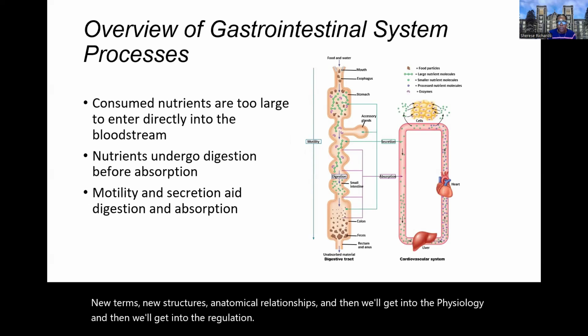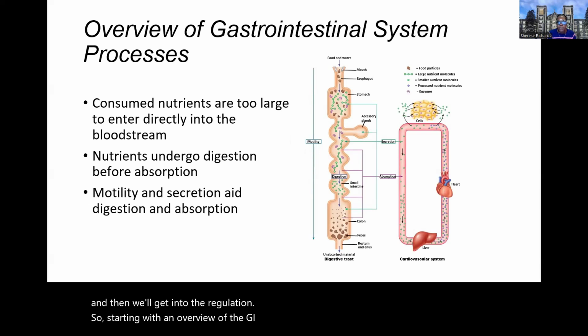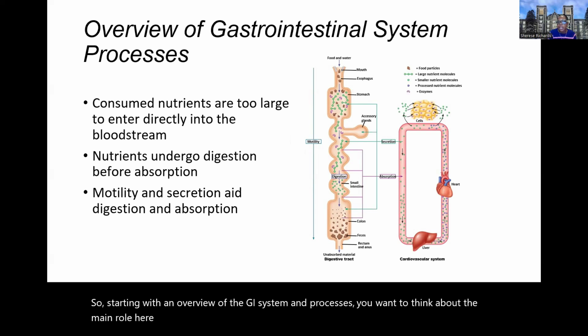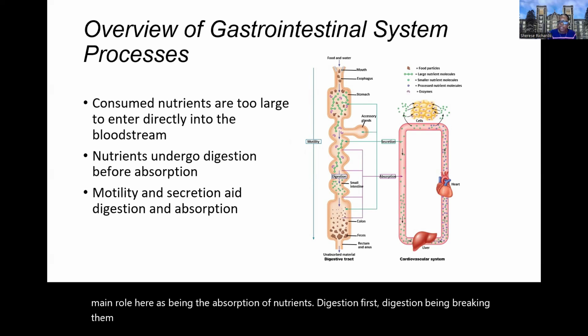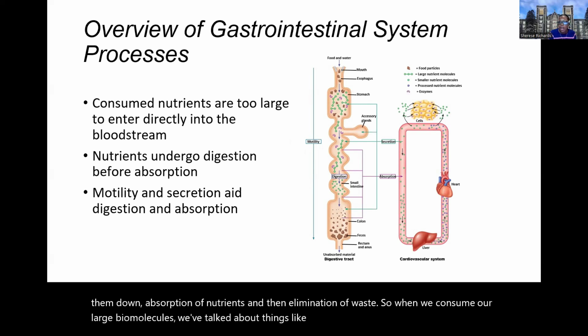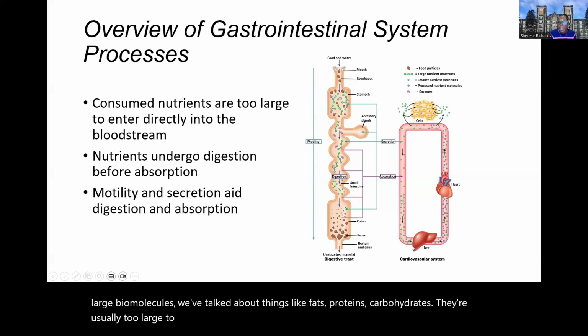So starting with an overview of the GI system and processes, we want to think about the main role here as being digestion first, digestion being breaking them down, absorption of nutrients, and then elimination of waste. So when we consume our large biomolecules, we've talked about things like fats, proteins, carbohydrates, they're usually too large to go directly into the plasma, directly into the bloodstream.